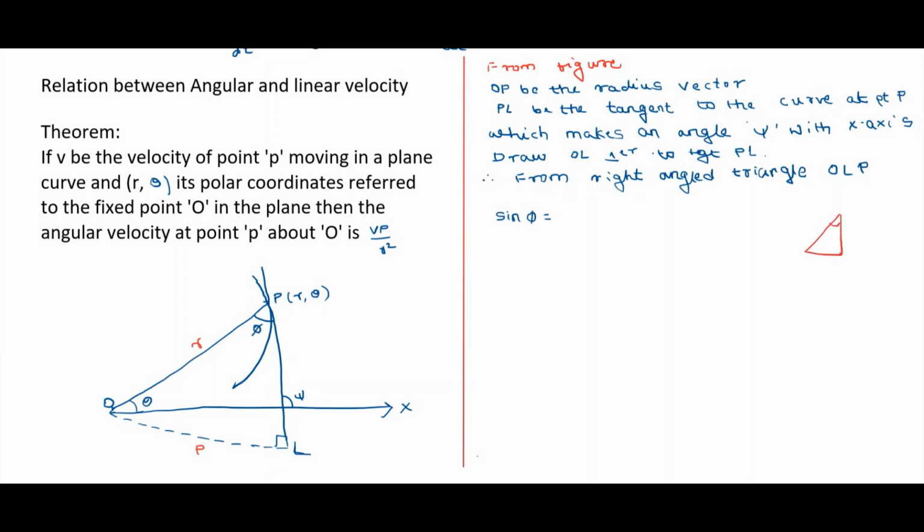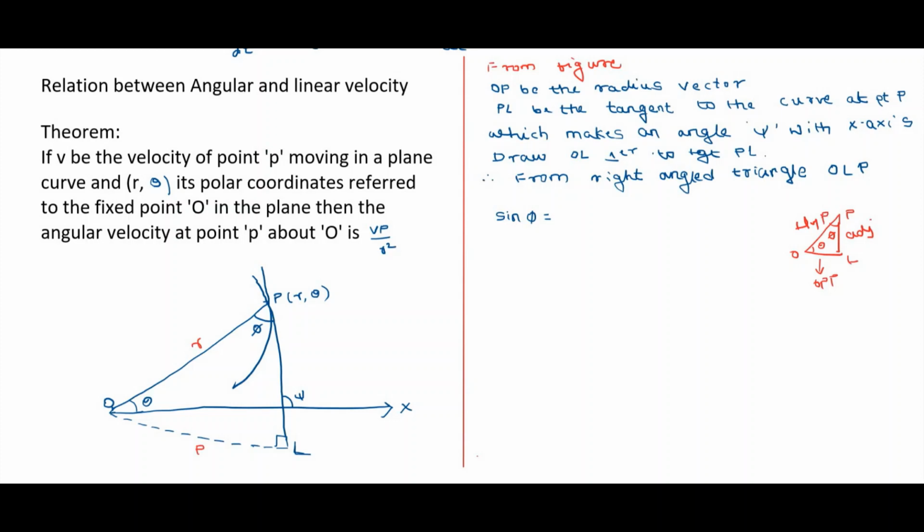From the figure, this is phi, this is theta, this is L, P, and this is O. In this triangle, angle phi is at point P. So this side is called the opposite side, this is the adjacent side, and this side is the hypotenuse.